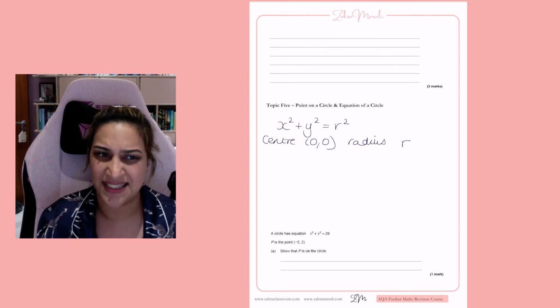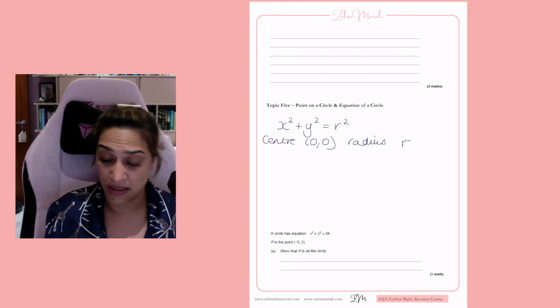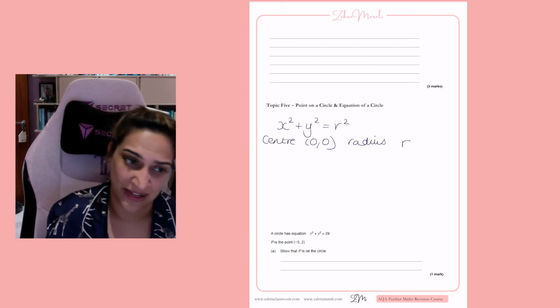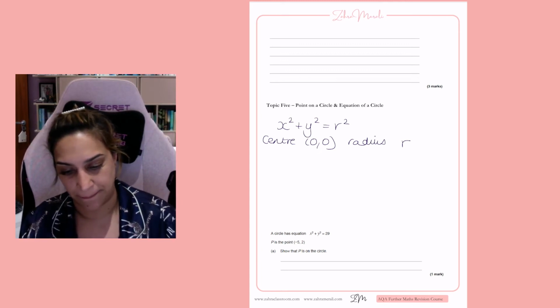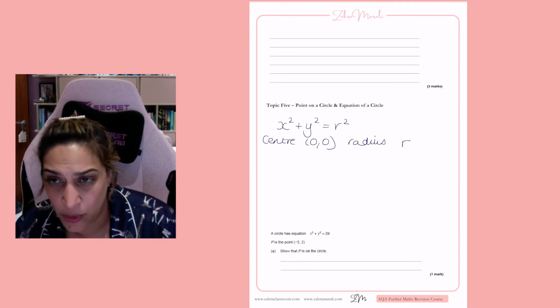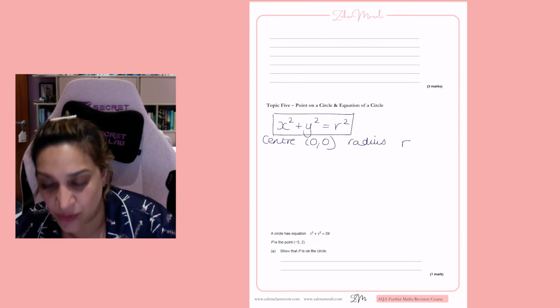However, that center could shift. If it shifts, instead of x, it's x plus. Remember, x's do the wrong thing, so x plus 1 if it shifted to the left on the x coordinate, or minus if it shifted to the right. And every single point around the whole curve will satisfy that equation.